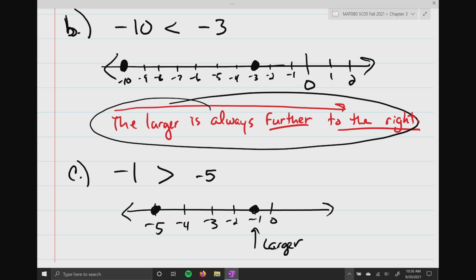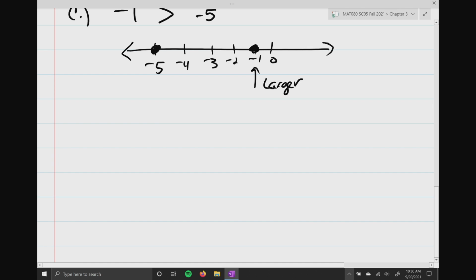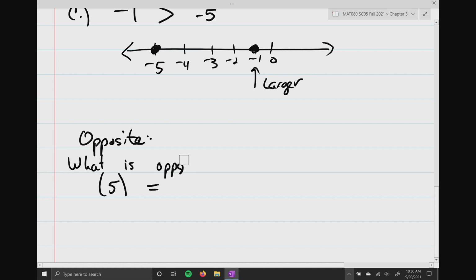Perfect. All right. So now we're going to talk about this word that I was using earlier, opposite. What is the opposite of 5?